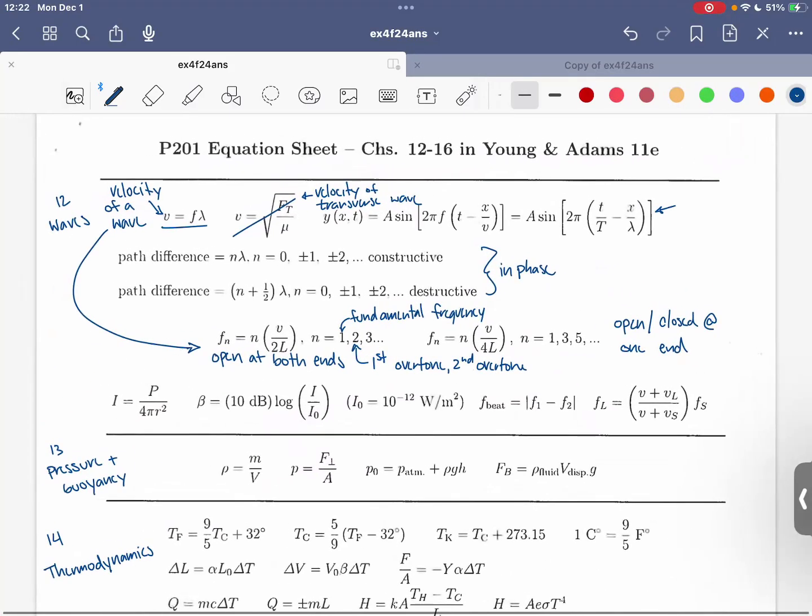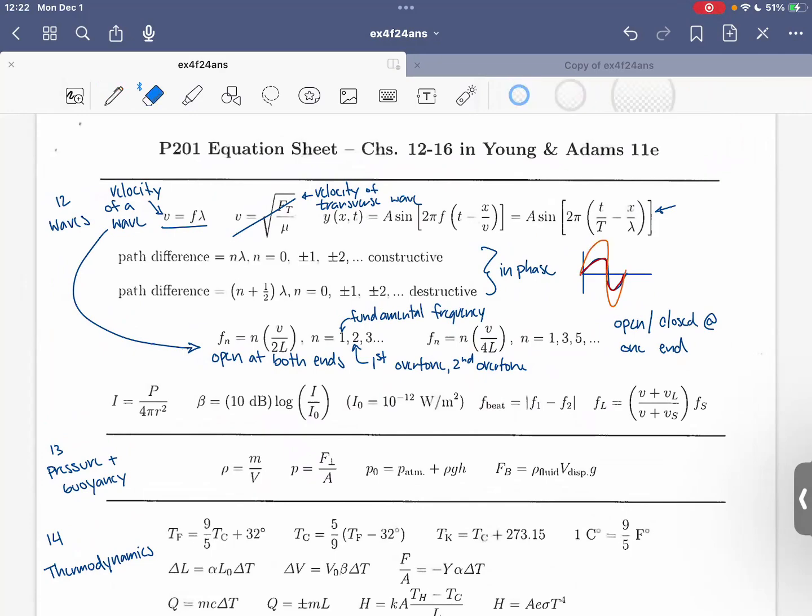But basically it's the idea that if you have two waves that are in phase with each other, like this, their sum or their total would be together. And obviously, if it's flipped the other way, they would be destructive and cancel each other out, right?